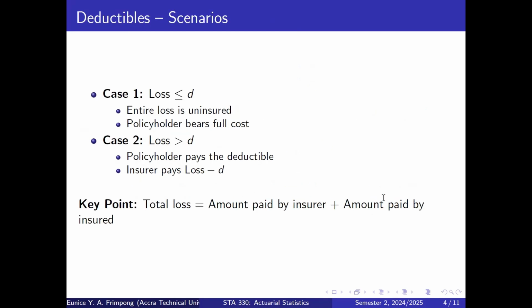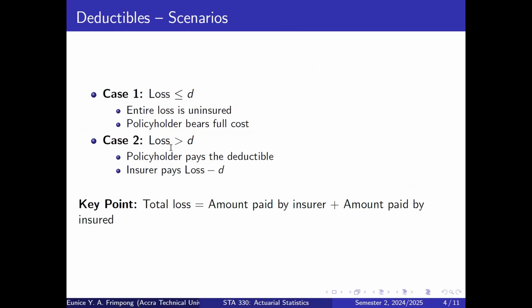Let's look at this in two cases. Case 1, the loss is less than or equal to the deductible. This means the entire loss is uninsured and the policyholder bears the full cost of the loss. Case 2, the loss exceeds the deductible.